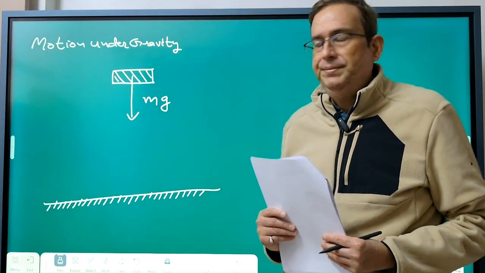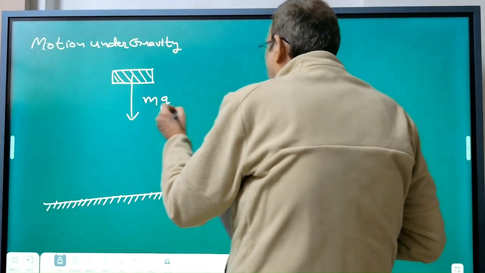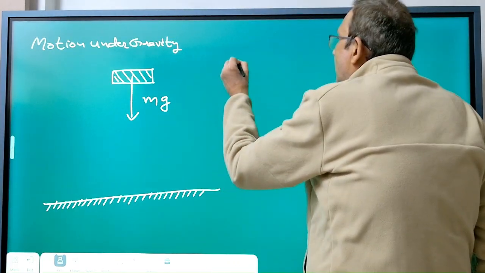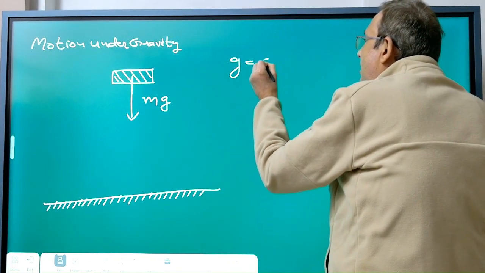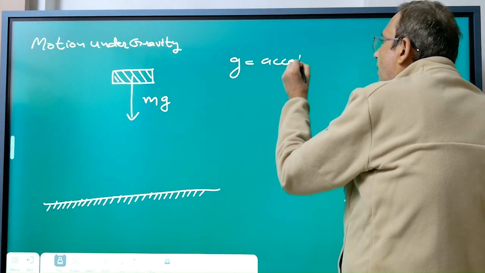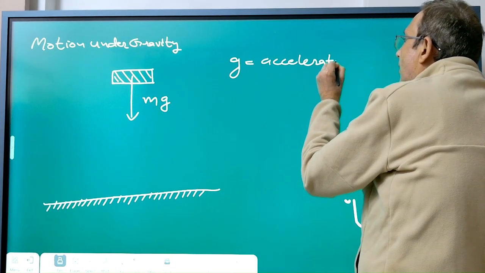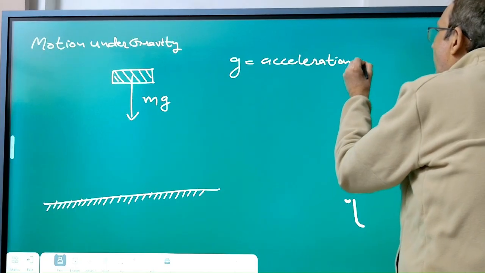So this g that you talk of is called the acceleration due to gravity.